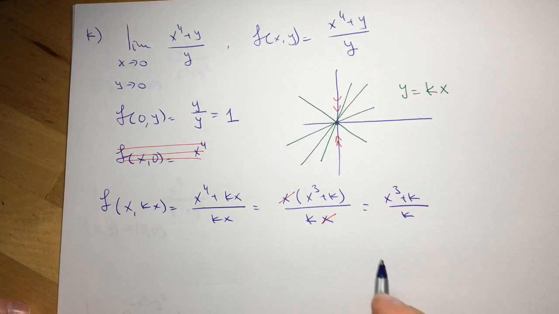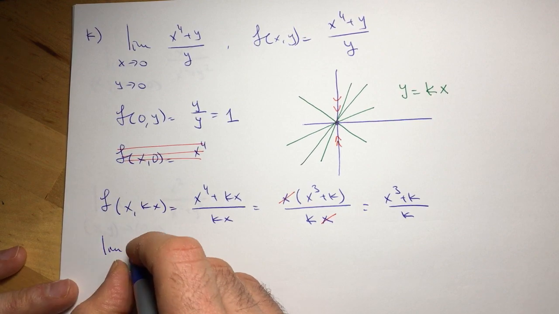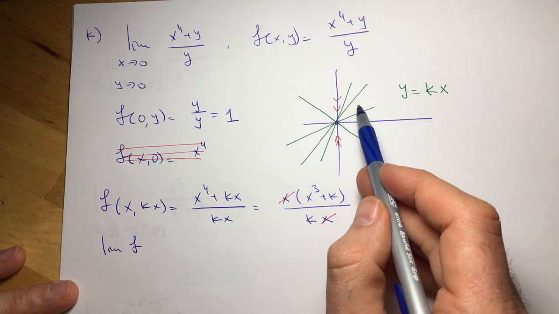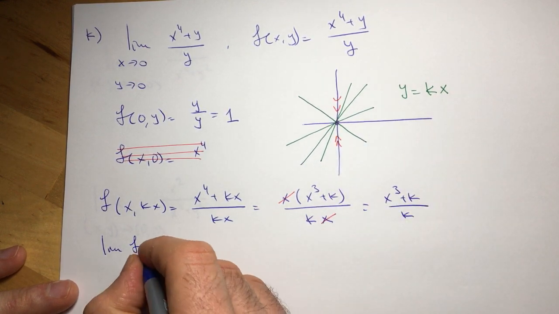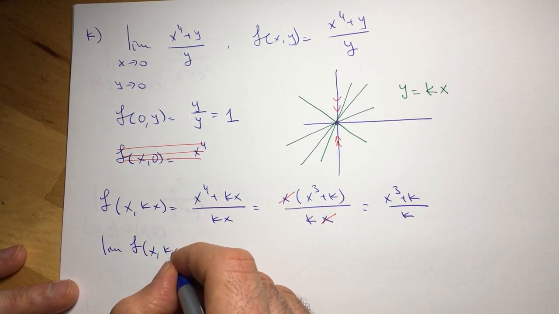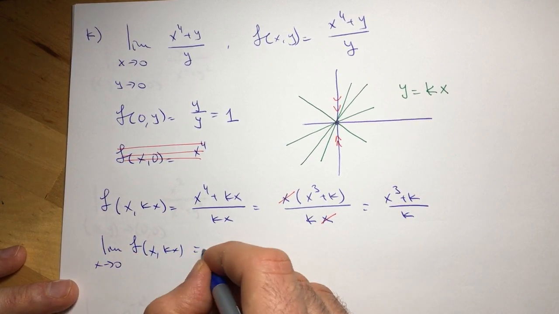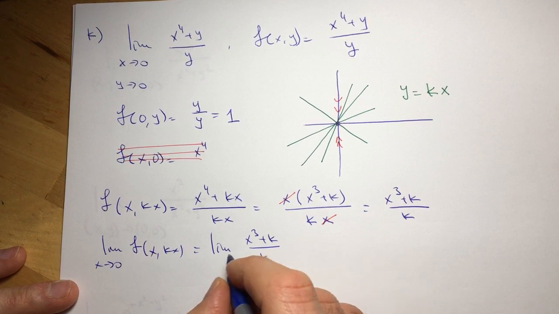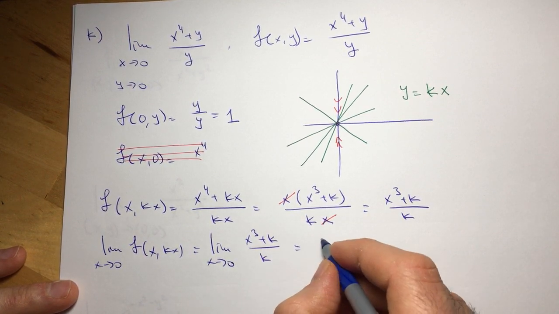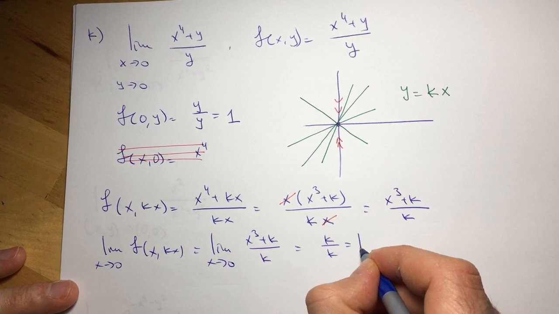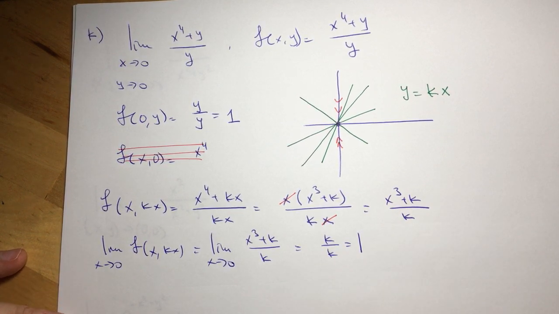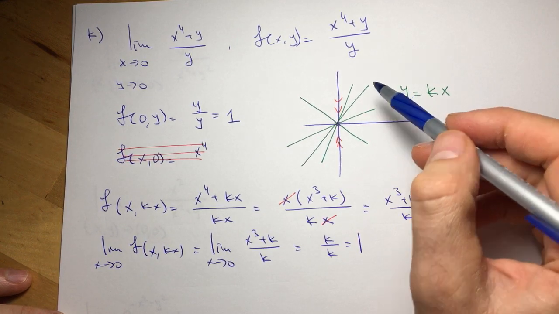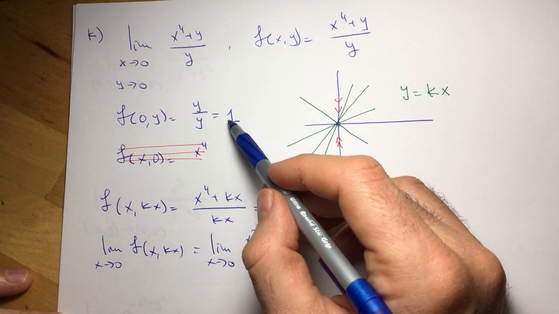Now send x to 0, with y equal to kx, meaning any line passing through the origin. The limit of f of x, kx as x approaches 0 is the limit of x cubed plus k over k, which is k over k, equal to 1.